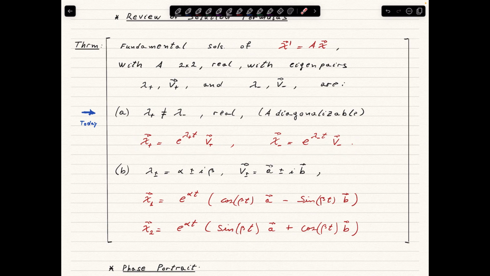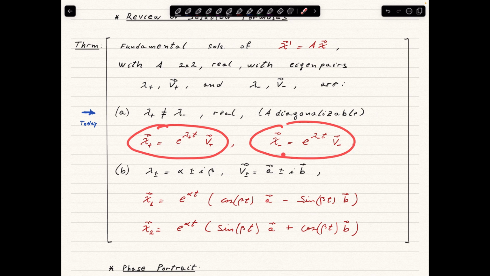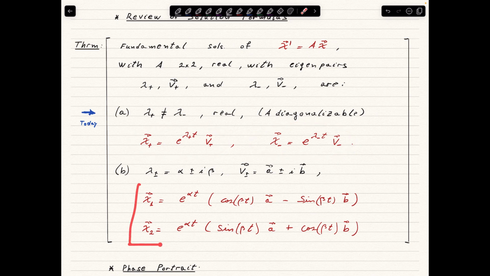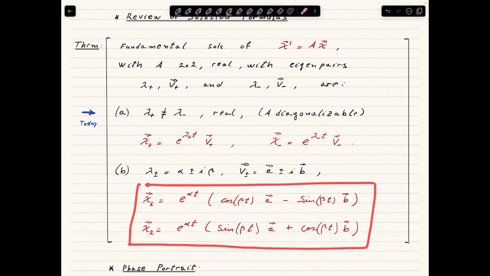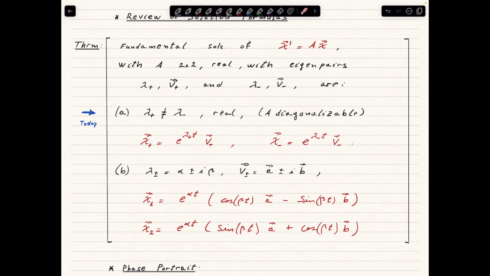So what we are going to do now is see what is the phase portrait of solutions of this solution, then of that solution, and then we are going to see that we need more solutions. In the case of complex eigenvalues, graphing one fundamental solution or the other is enough to understand the behavior of all solutions. They are going to be spirals. They are going to be a combination of two spirals, and that is another spiral.